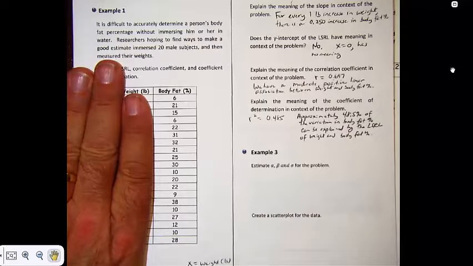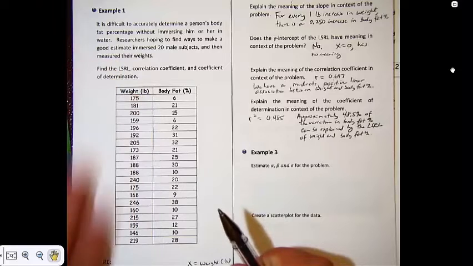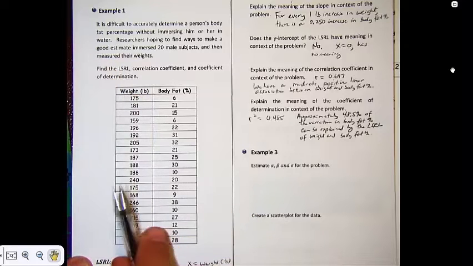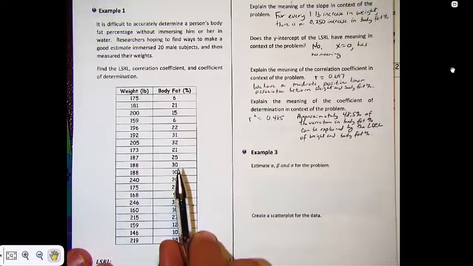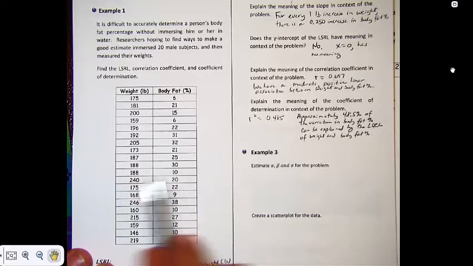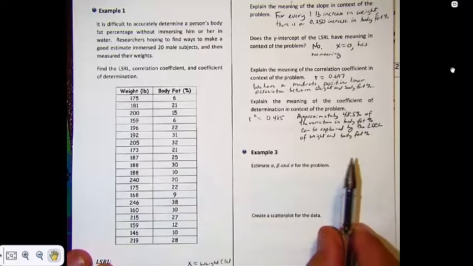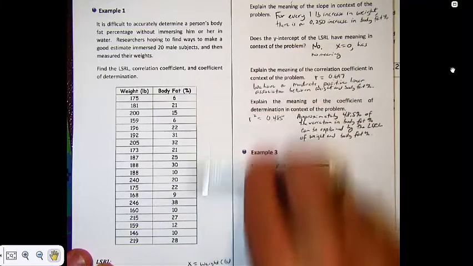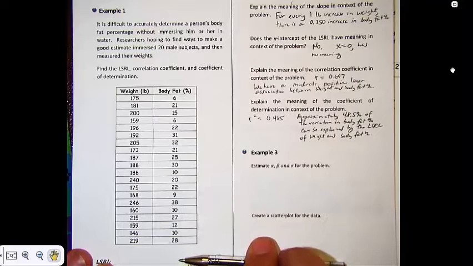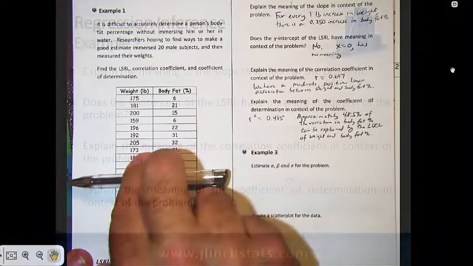Now, how much did my model improve by incorporating a new variable, weight? Based on our least squares regression line, approximately 48.5% of the variation in body fat percent can now be explained by the linear regression of both weight and body fat percent together.